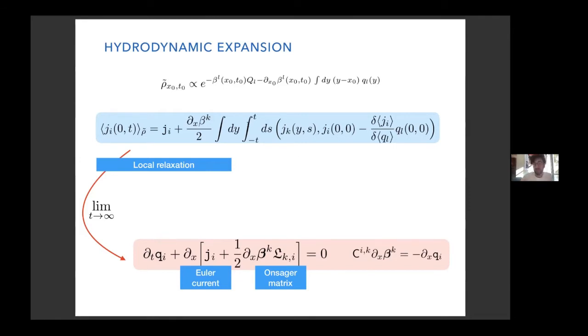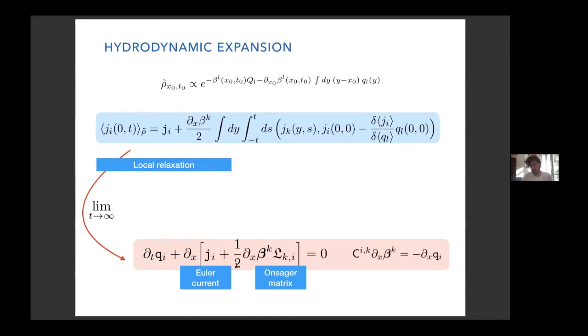The Onsager matrix, or if you want the current correlation, is really what gives us information about the diffusion present in our system. So eventually, the equation that we find is a very standard hydrodynamic equation where the time evolution of our hydrodynamic variable, our field of charges, is given by the divergence of a current, and this is our Euler current, namely the current that we see at Euler scale, and this is the term given by, if you want, the first term in the expansion of our hydrodynamic state.